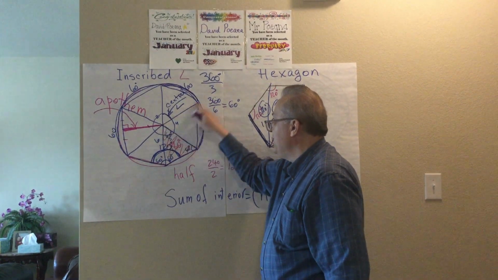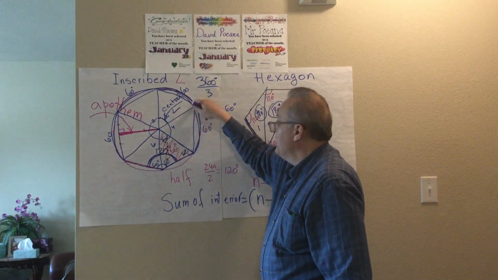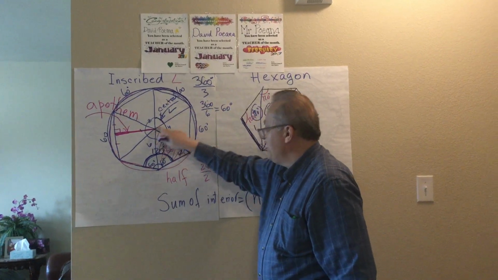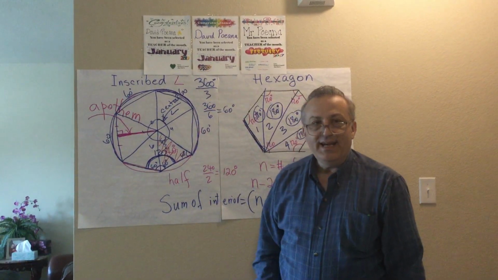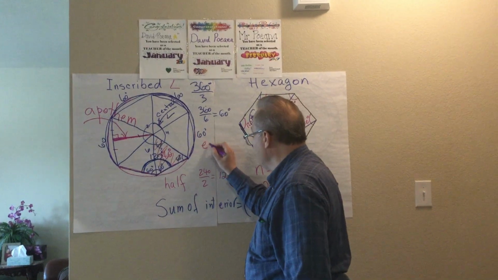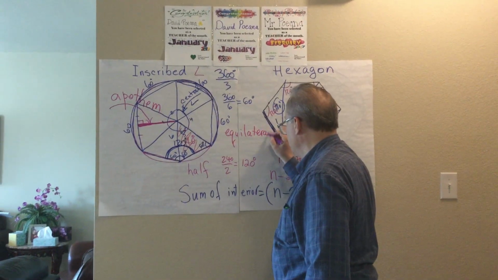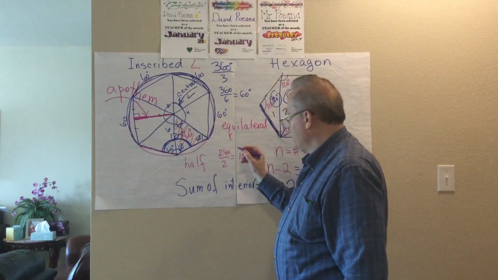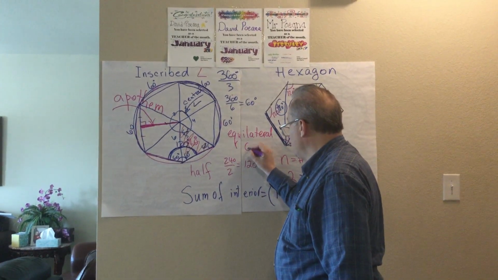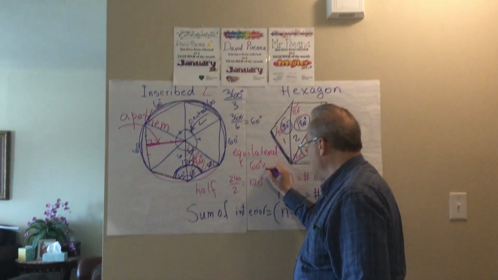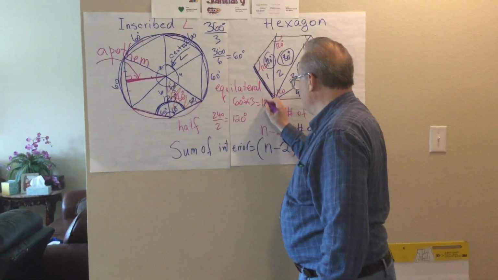This radius is equal to this other radius. If this side equals this radius, isn't that an equilateral triangle? If it's an equilateral triangle, all angles are 60 degrees. Times 3, it's equal to 180.